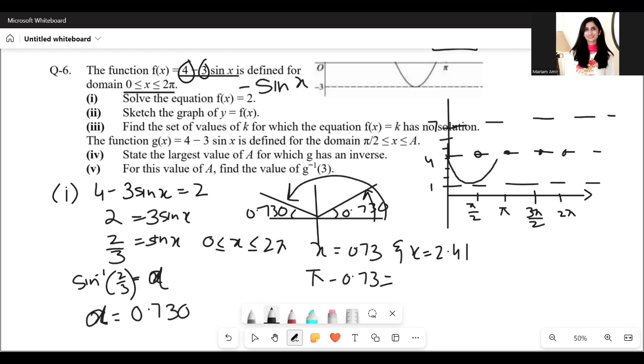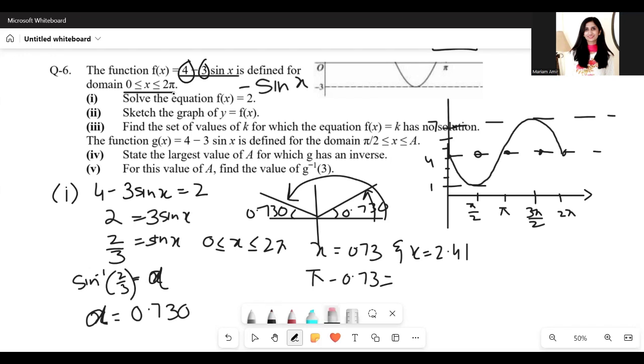The dotted lines help in getting a symmetrical graph. Now I'm going to get rid of these dotted lines. They're not needed. So here's the graph of the given function within the given domain. Part 2 is done.